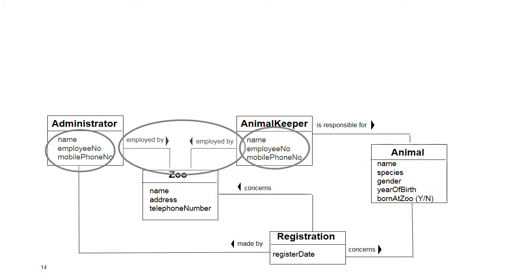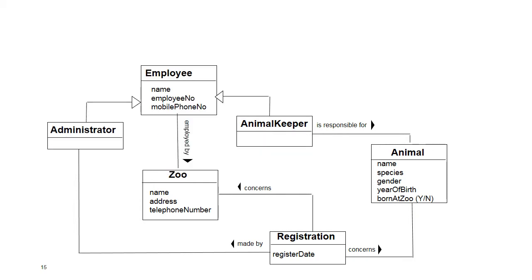Note that the two classes, administrator and animal keeper, have the same attributes, and also they have the same association to the class zoo. This indicates that we can create a more generalized class out of these two classes, and we will do that and call that class employee.